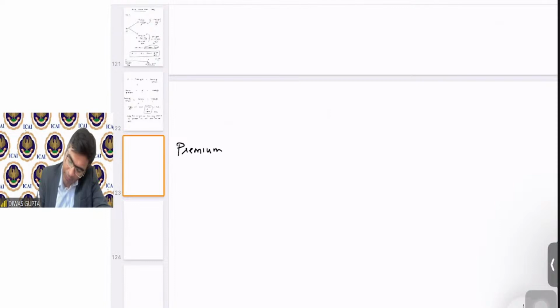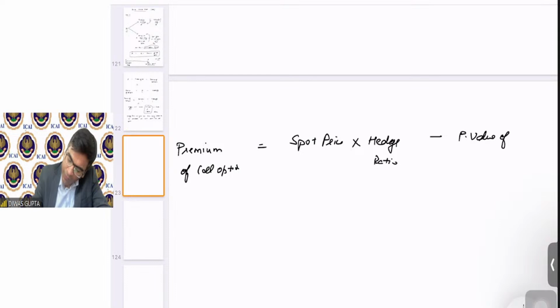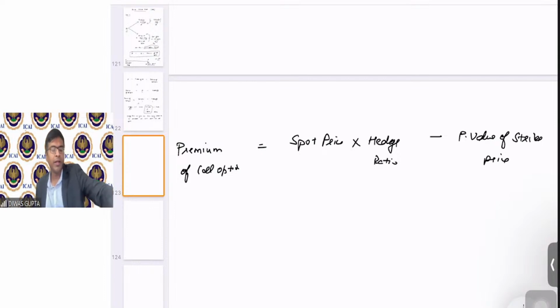Premium of call option is equal to spot price multiplied by hedge ratio minus present value of strike price. Understood, students, till now? Can I rewrite this?